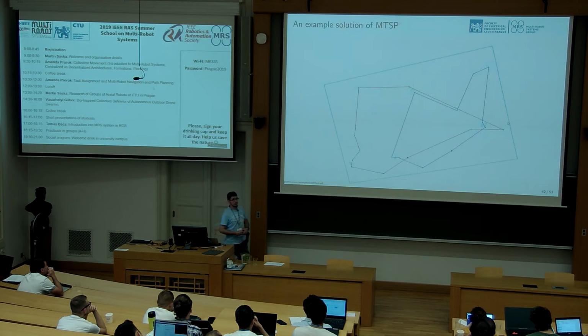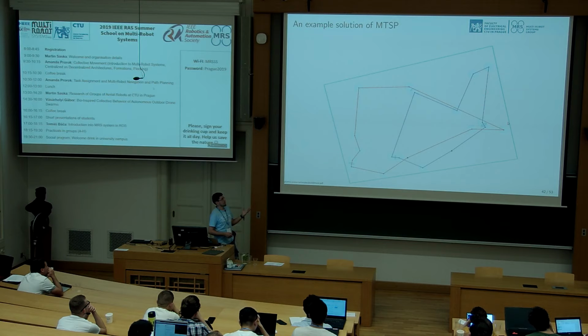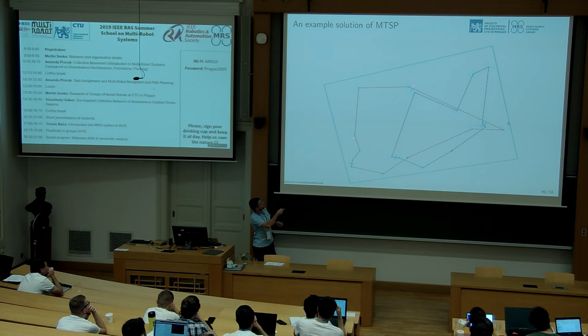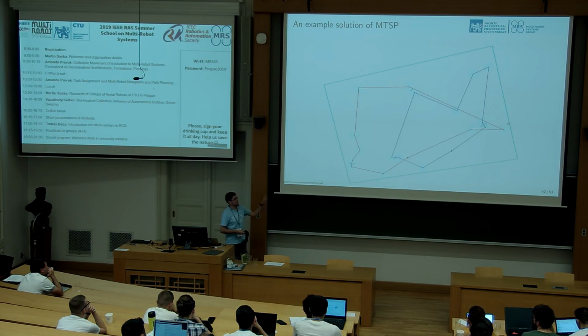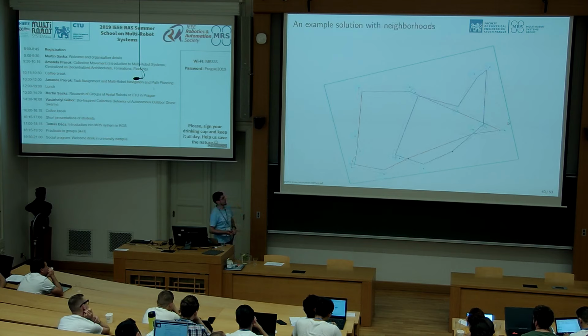So a solution, a very naive one, can look like this. This is a standard TSP programmed for 2 agents. It's not with neighborhoods. You can see that the paths go through the centers of the points. And in this case, those paths are just lines, segments between those points. It's not very optimal, but it works.